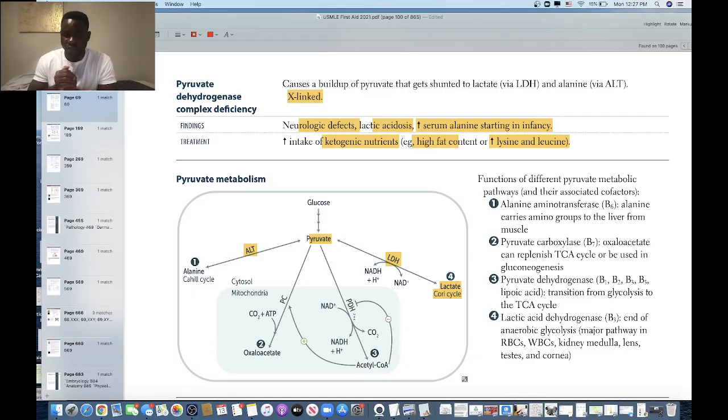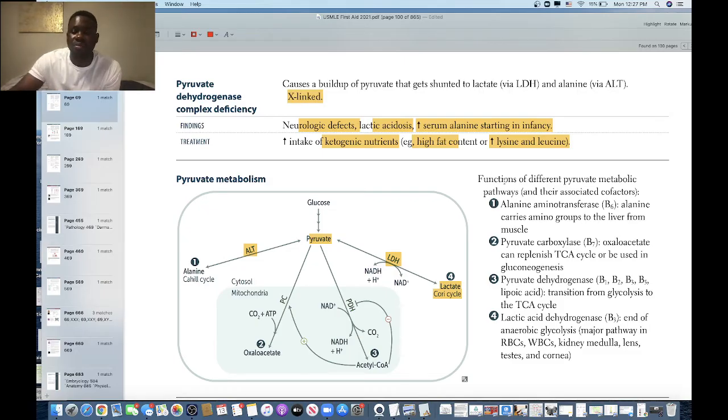Take note of that, very, very high yield. We give them a keto diet, and then they'll always ask you which amino acid should be included in their diet, and it should be L and L ketones. Just sing the song L and L ketones, and then you'll get it. So the answer will always be lysine or leucine. Nobody will ask you high fat diet, because everybody knows that keto diets have fat.